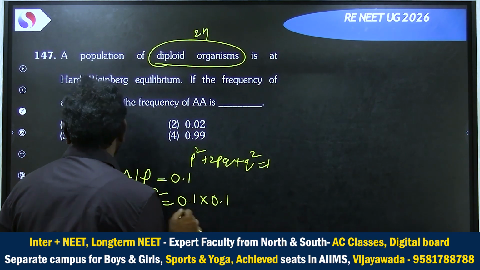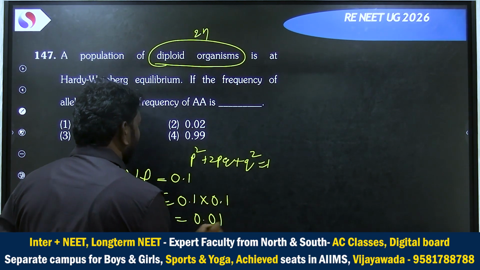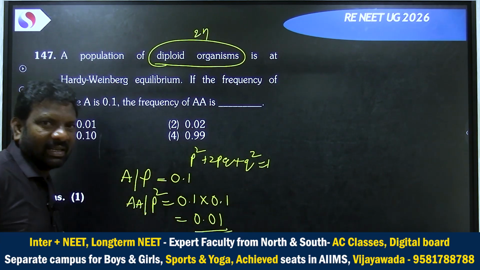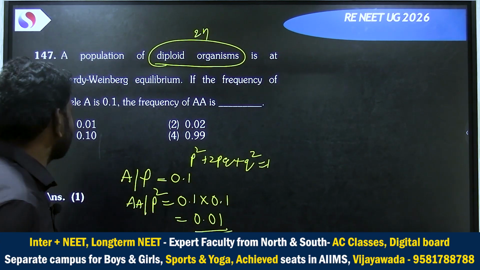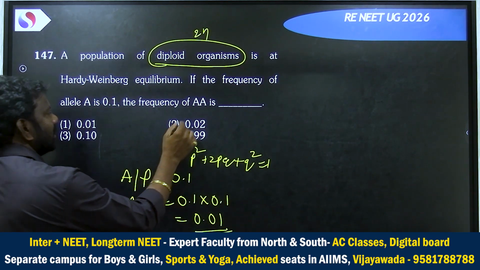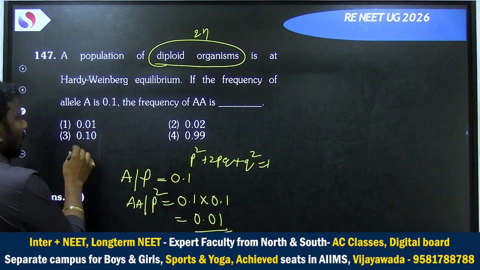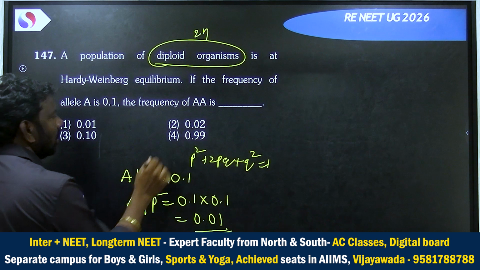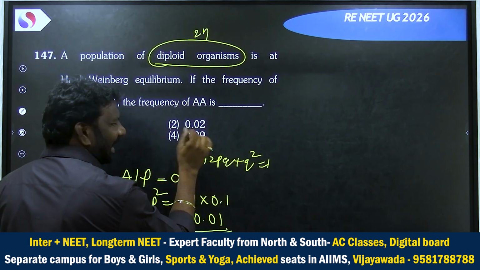So that is equal to 0.01. I think it's a very simple calculation they are asking. So the answer is 0.01. Second option is 0.02, third option is 0.10, fourth option is 0.99.